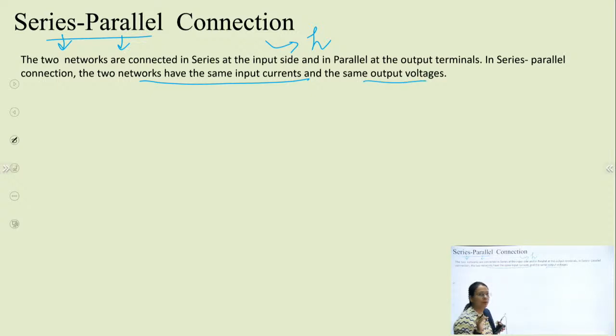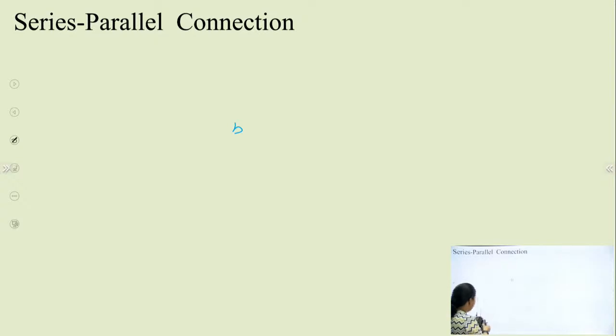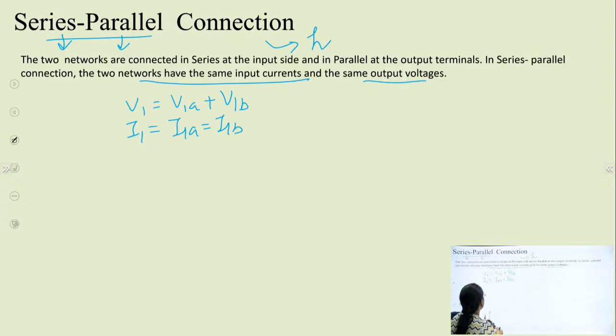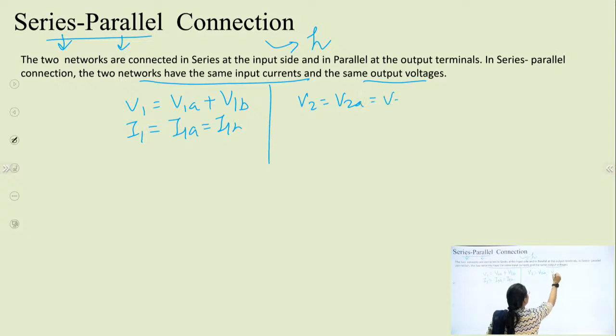तो voltage at the input terminal V1 will be equal to, वहाँ पे हो जाएगा V1A plus V1B. Input terminal पे, but the current will be same at the input terminal, that is I1 will be equal to I1A equal to I1B. Similarly, output terminal पे the voltage will be same, क्योंकि parallel में connect कर रहे हैं, so V2 will be equal to V2A which will be equal to V2B, right?